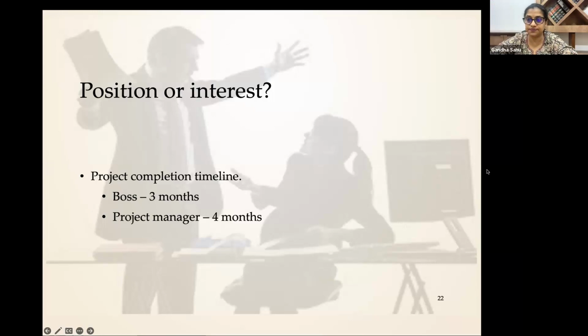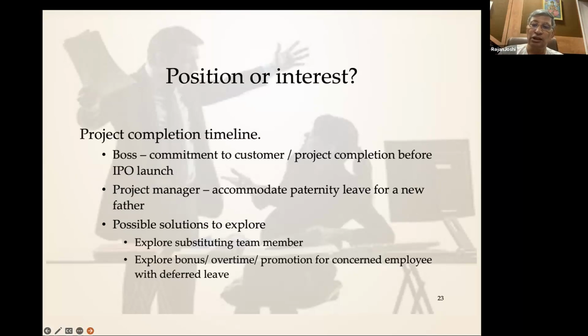Correct. So we can differentiate between position and interest in that interest is the content or the thing which will be satisfying the person. Correct. That is how it may perhaps be differentiated.